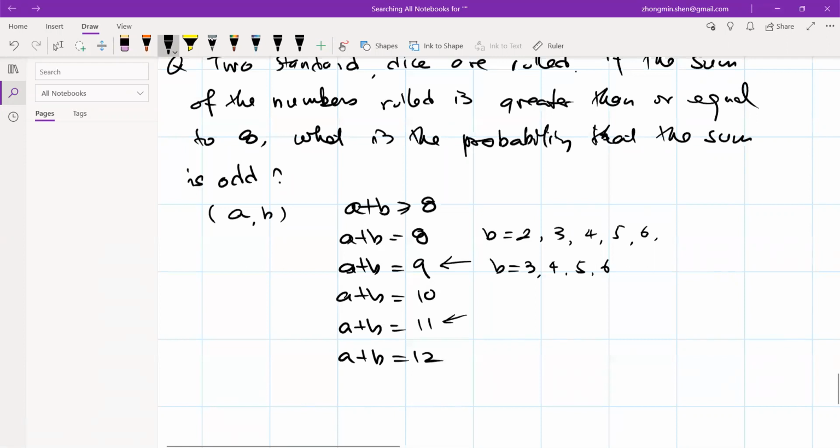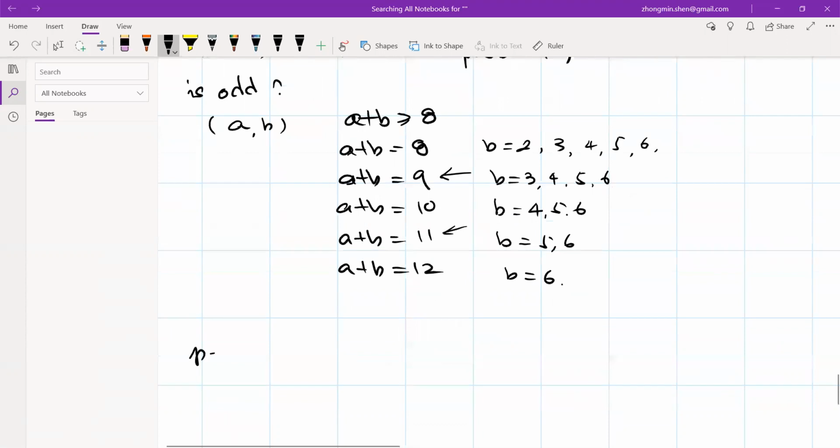B cannot be 2. If 2, A should be 7. And here, B begins with 4, then A is 5 and a 6. When B is 6, A is going to be 4. And here B is 6.